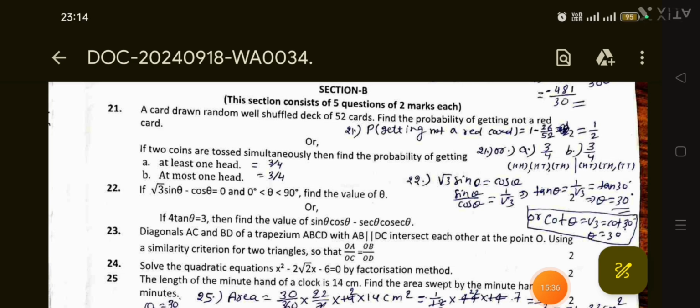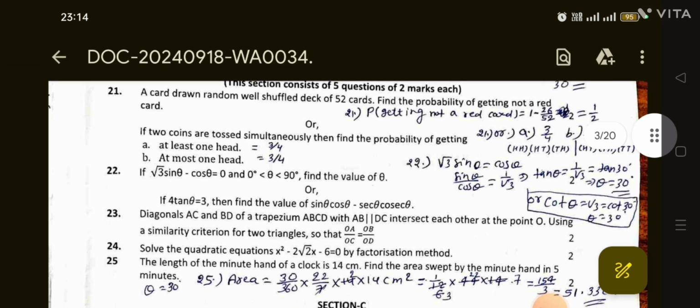Or question 21. 2 coins are tossed simultaneously. It means total outcomes 2 to the power 2 equal to 4. Probability of at least one head means either both heads or one head. So total 3 possible outcomes: head head, head tail and tail head, and total outcomes 4.